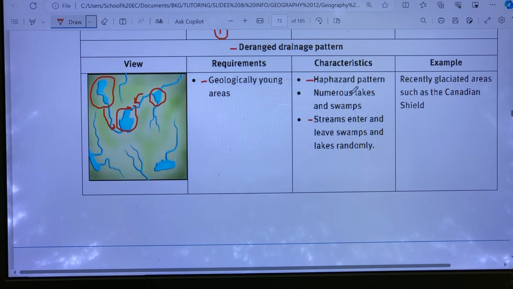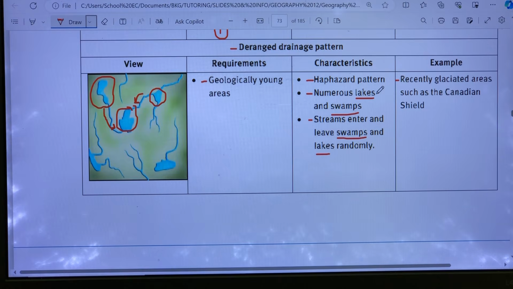An example of these can be numerous lakes as well as swamps. Streams enter and leave swamps and lakes randomly, as I told you. It doesn't make a proper plan or proper sense. An example is recently glaciated areas such as the Canadian Shield.